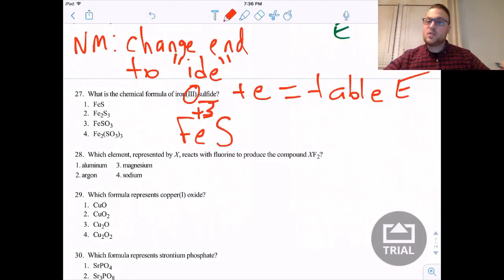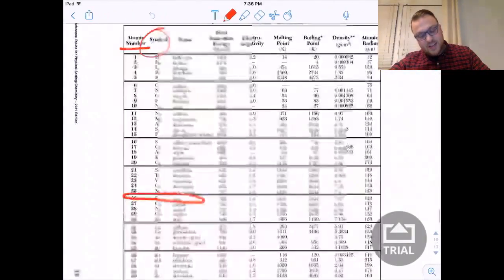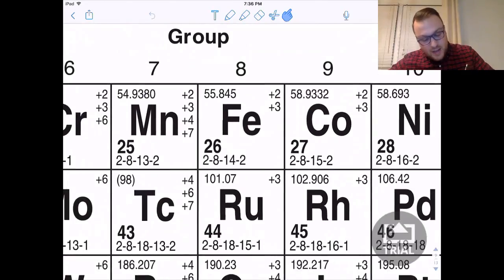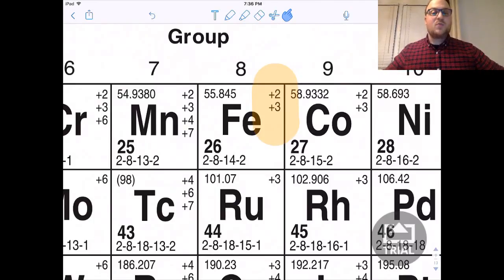Because if you go to your reference table and you find iron on the periodic table, iron has 2 choices for its charge. So when you name any compound with iron in it, you have to specify which iron it is. Is it +2 iron or +3 iron?